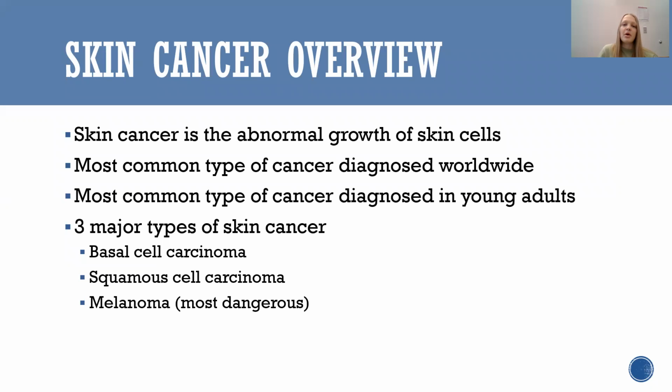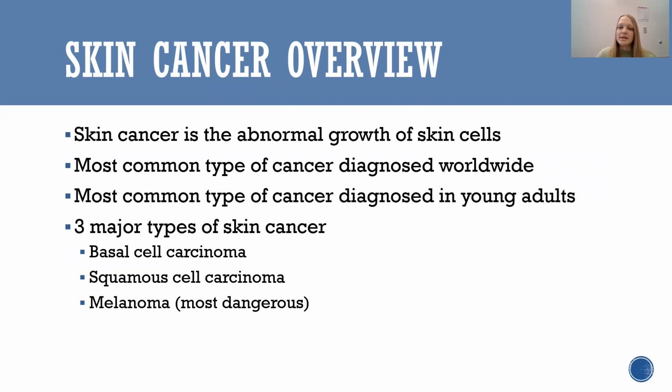So skin cancer is the most common cancer diagnosed worldwide. And it is basically an abnormal growth of skin cells. So this results when the DNA in your skin is actually damaged, and this can cause uncontrollable cell growth in your skin, and these are abnormal.